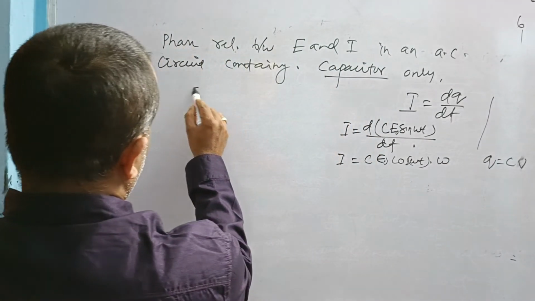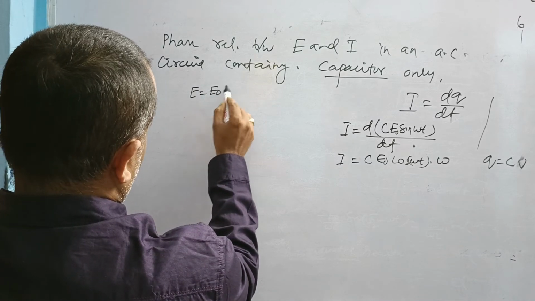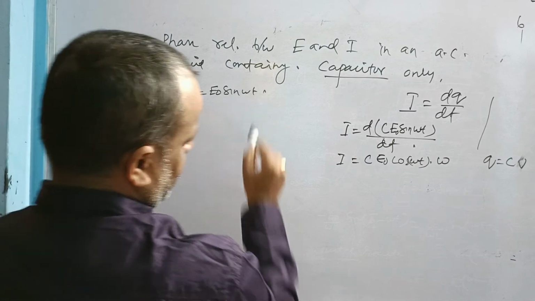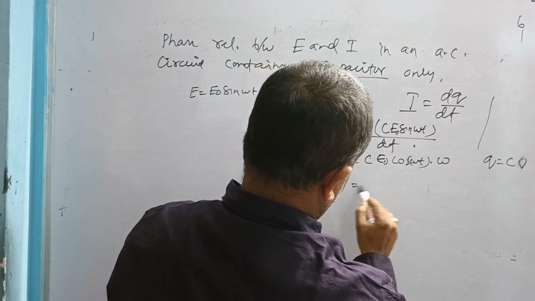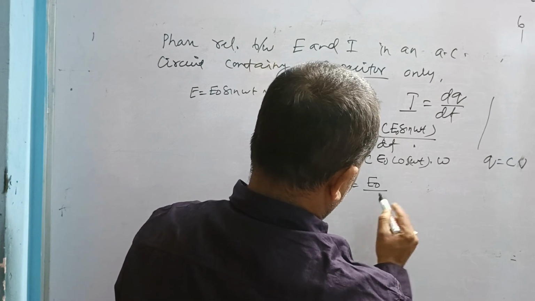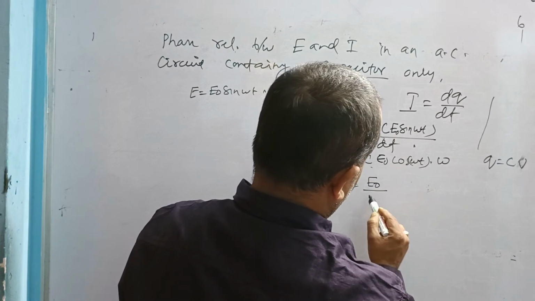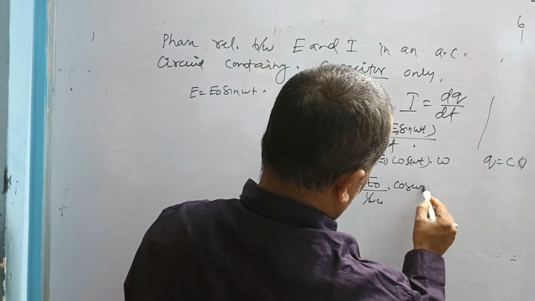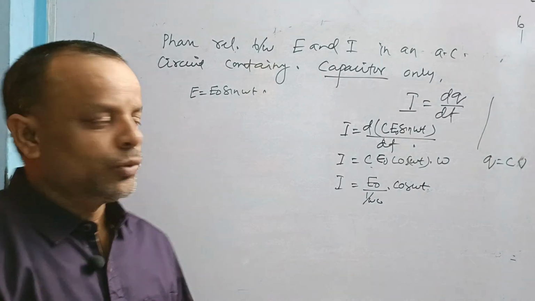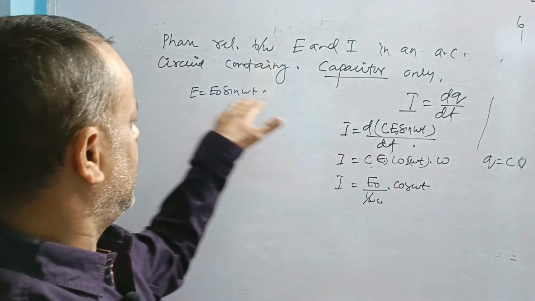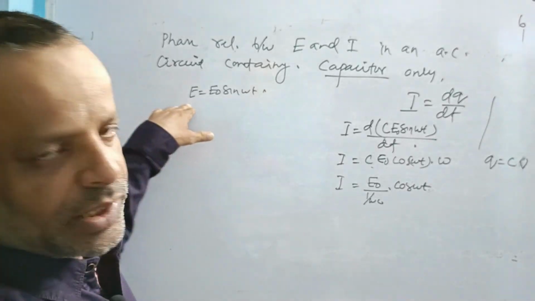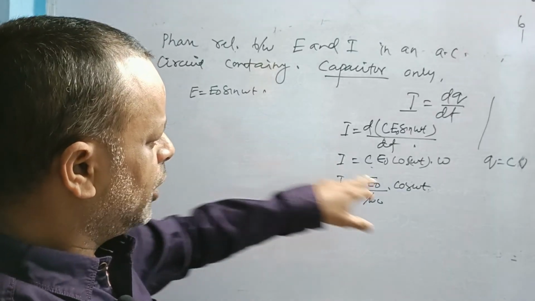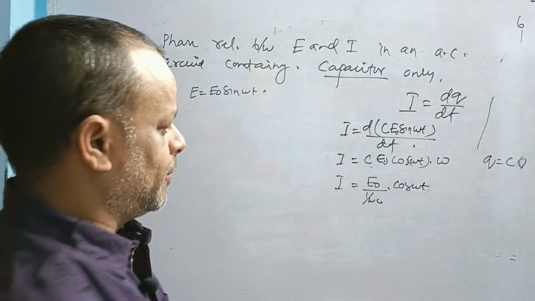So what we have, EMF is E naught sine omega t, and what we are getting current as, this is E naught, this is C and omega, and this is cos omega t. Again, in order to compare cos omega t and sin omega t, we'll convert cos omega t in terms of sine.